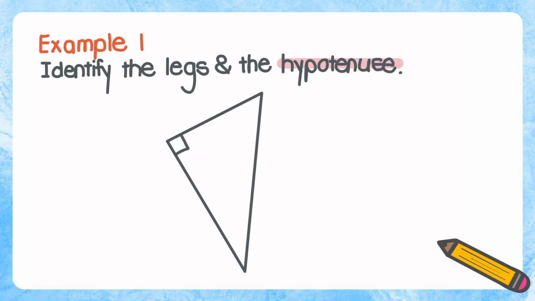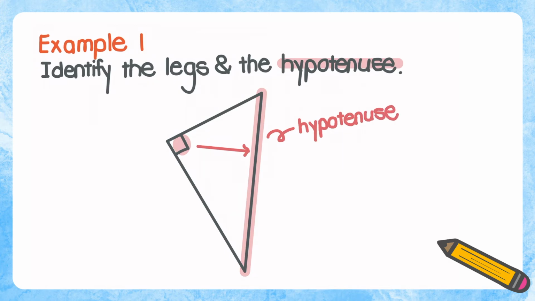So the hypotenuse is the side opposite of the right angle. So it's going to be this side right here. This is our hypotenuse. So let me write that down. So we have the hypotenuse.